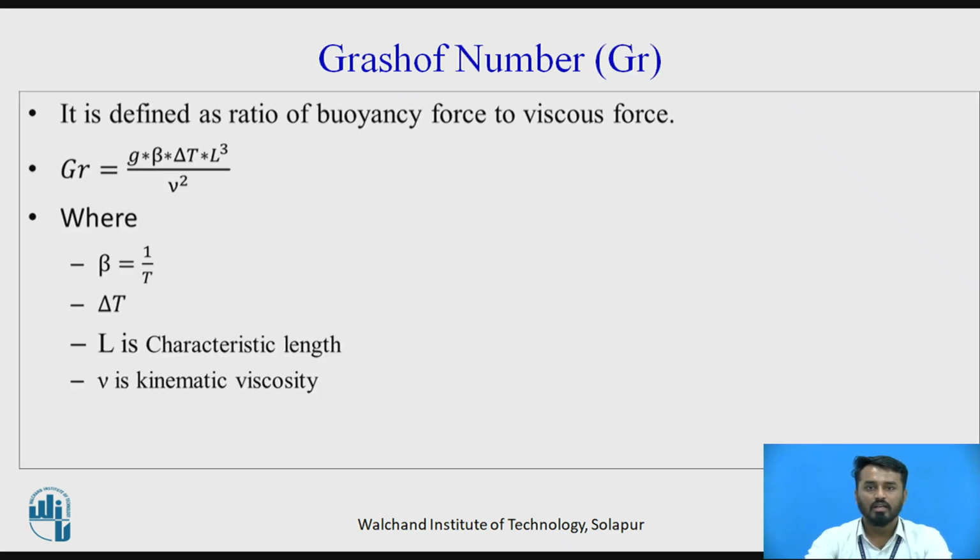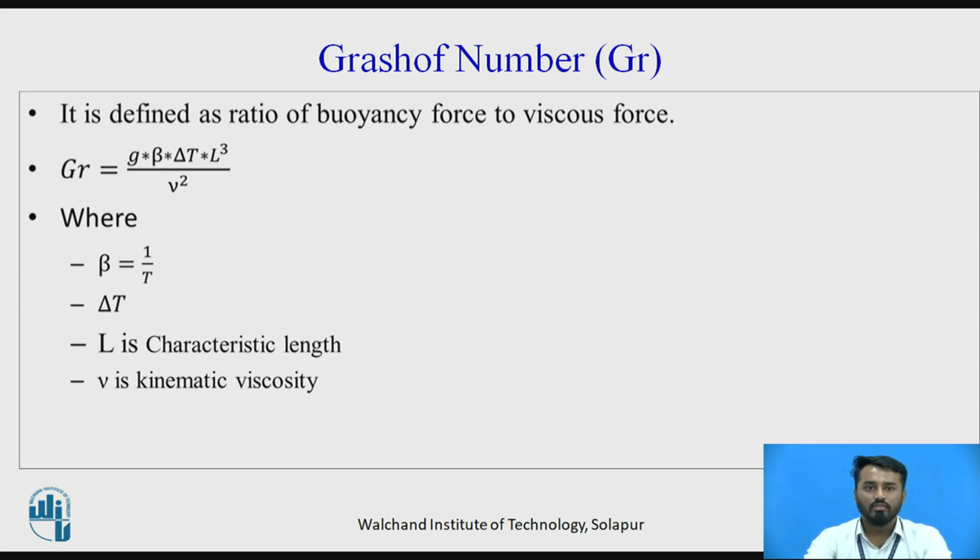Then we have the Grashof number. As the adjacent fluid particle has motion in the upward direction, the viscosity of the fluid adjacent to the plate shows a retardation effect on the motion of the fluid particles.